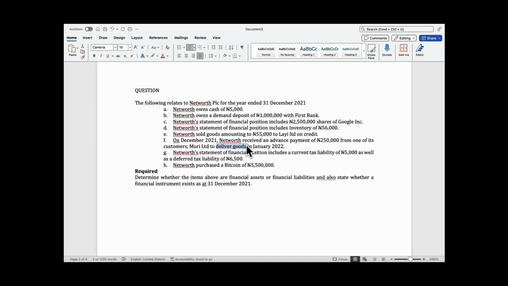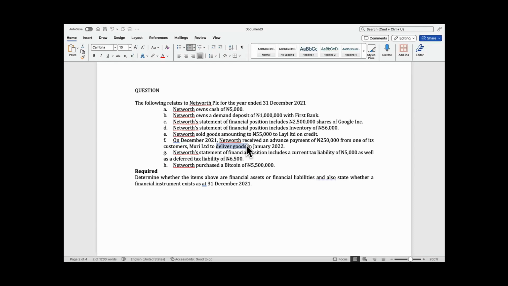Some of you that have paid fully, you know that we cannot recognize the entire amount as revenue yet. A portion of that amount would be recognized as a contract liability because we have not fully delivered the service. When we have an obligation to deliver a service, that's a contract liability. It is not a financial liability.